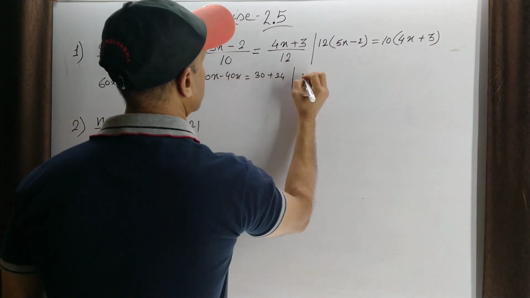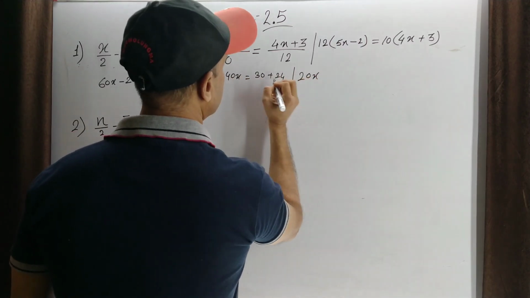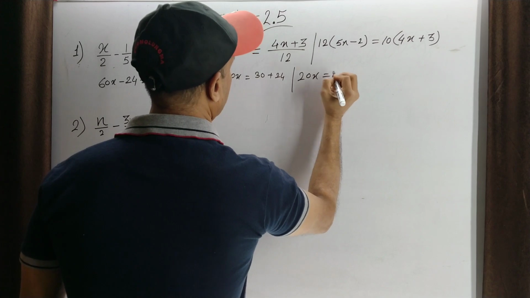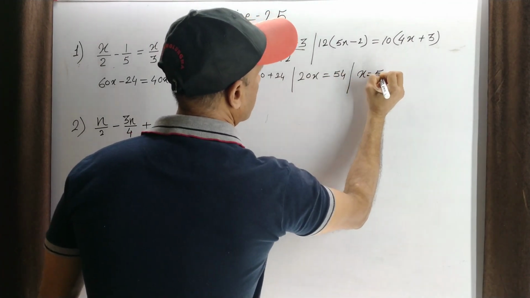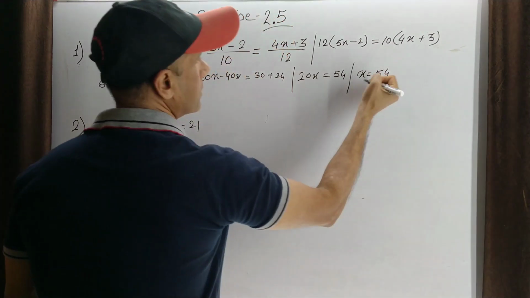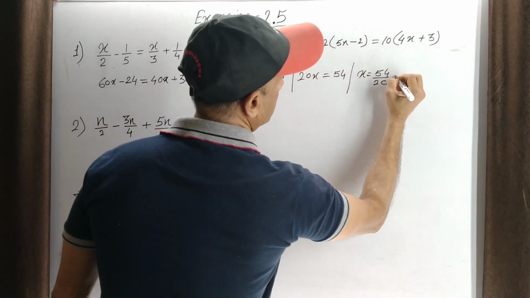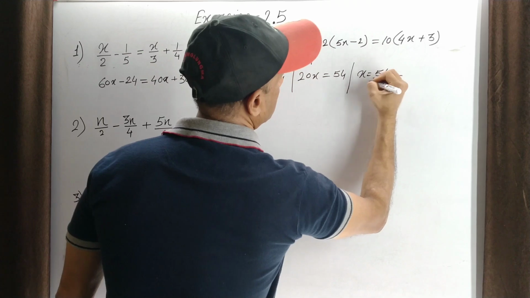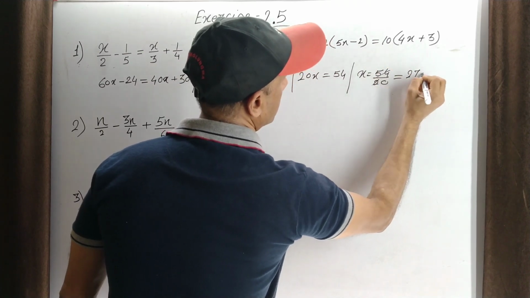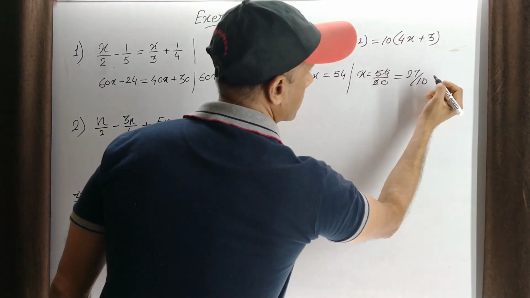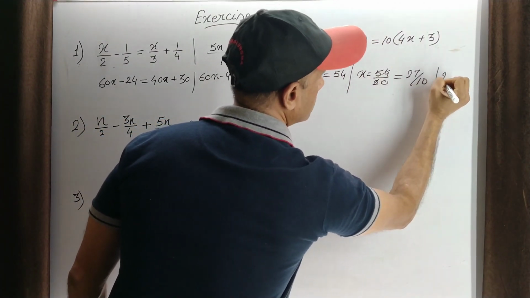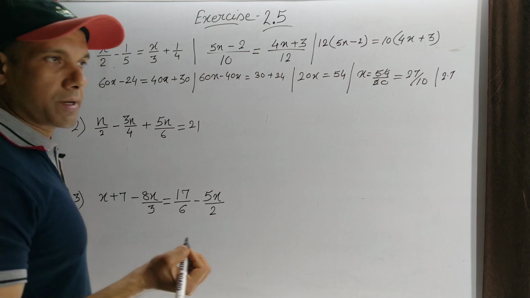So we get here 20x is equal to 30 plus 24, that is 54. So x is equal to 54 divided by 20 and we get it as 27 by 10. Clear? And you can write it as 2.7 also, or 27 by 10.